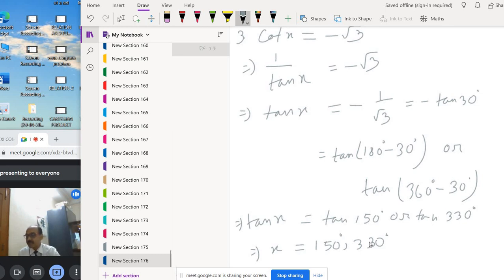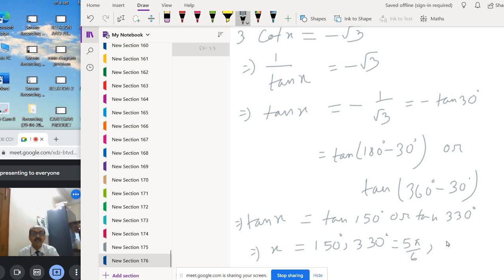And 150 degree we can write as 5 into 30, so 30 means pi by 6, so 5 pi by 6. And 330 is 11 into 30, that is 11 pi by 6.